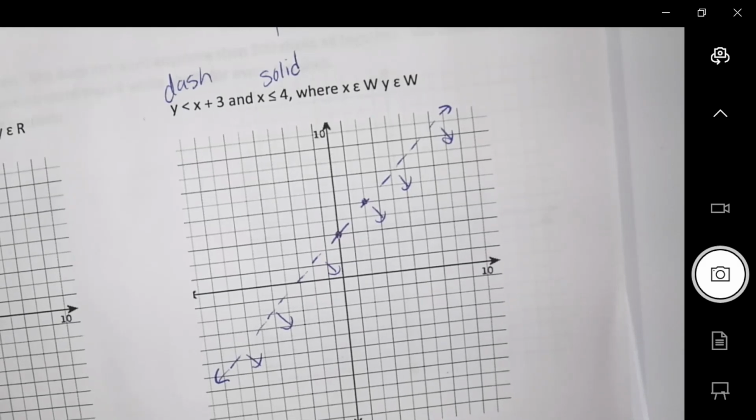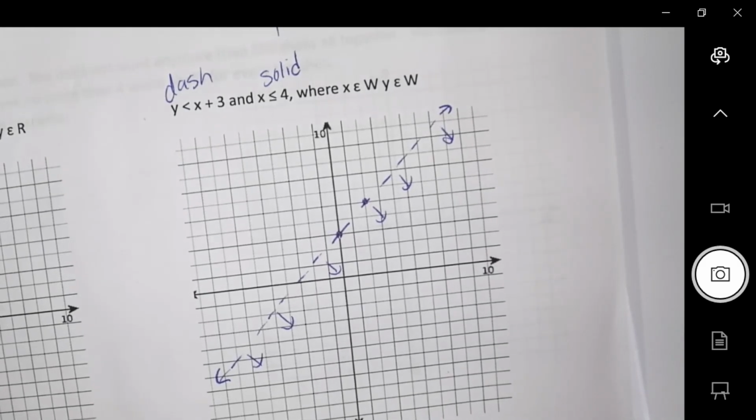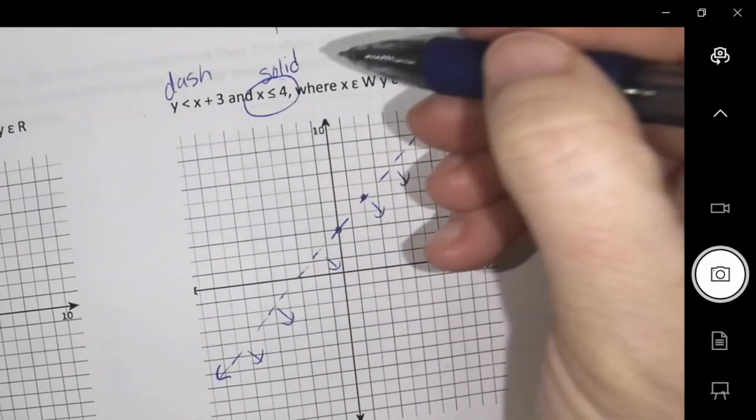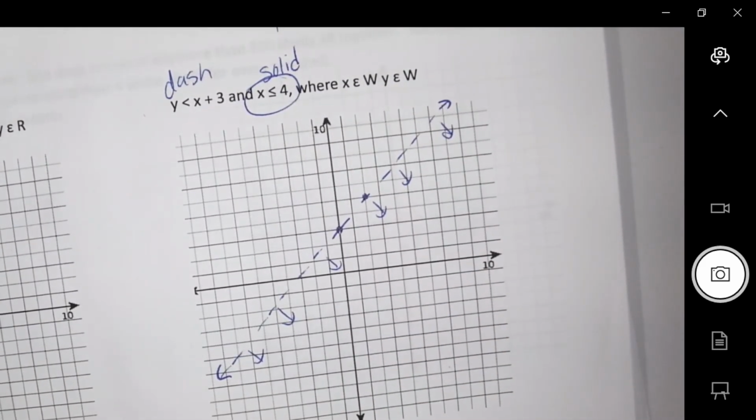Okay, here's something new. x equals 4. There's no y in this equation. I can't put it in my calculator. Your calculator won't do this because there's no y. Can you draw me a point that would have an x value of 4? Anywhere. Just draw me a point that has an x value of 4.